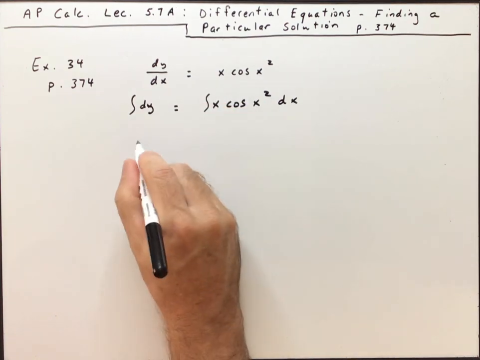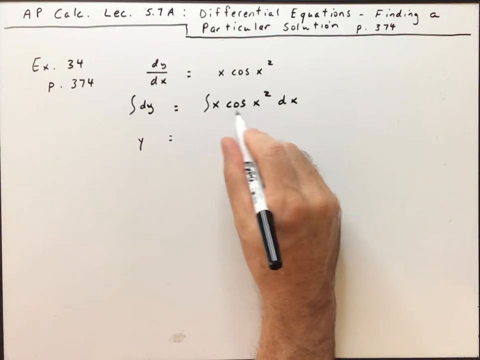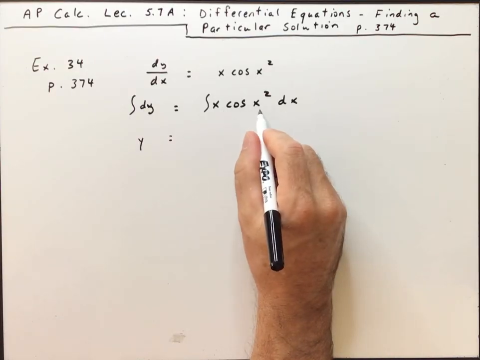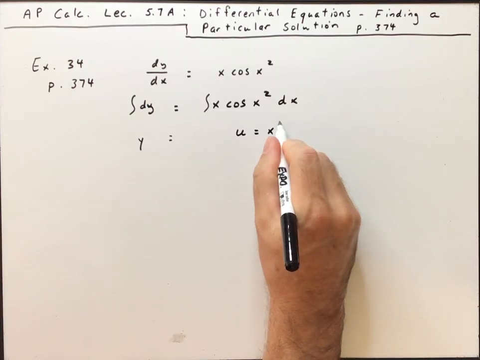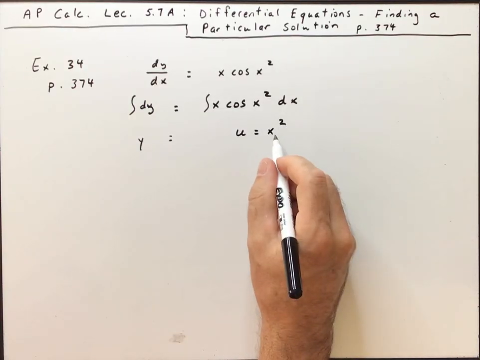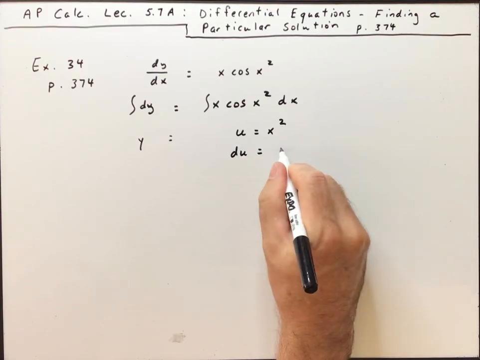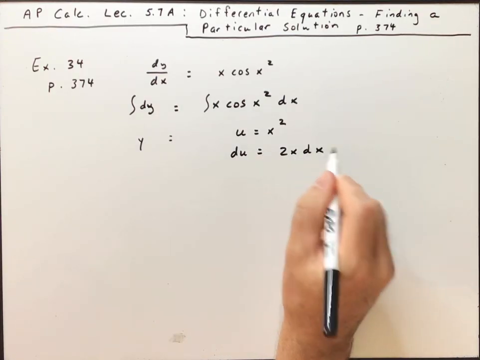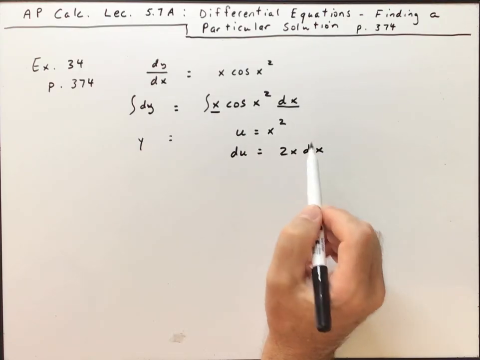So the antiderivative of dy is y, but we're going to need to do a u substitution on this integral. So let's let u be x squared, because we want to pick a u that if you take the derivative of it, the derivative is sitting in the problem. So du would be 2x dx. That's almost what we need. We need it to be x dx, right?